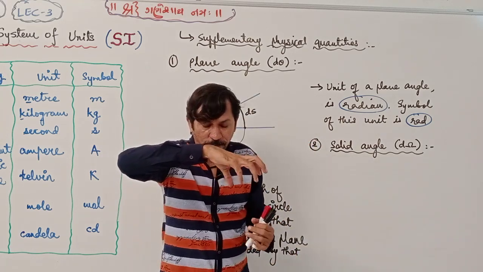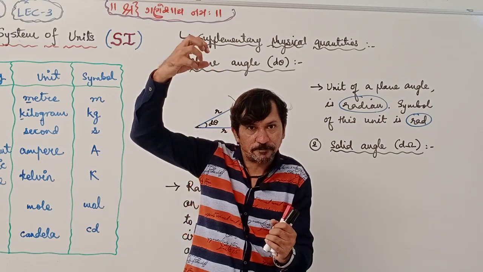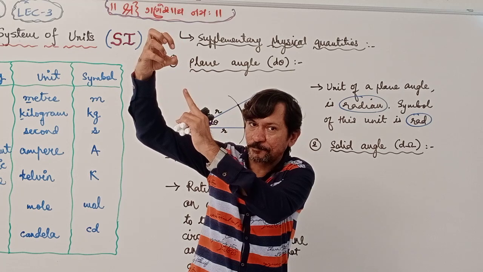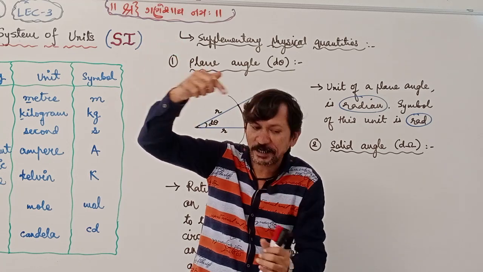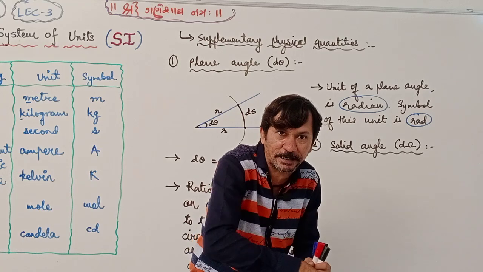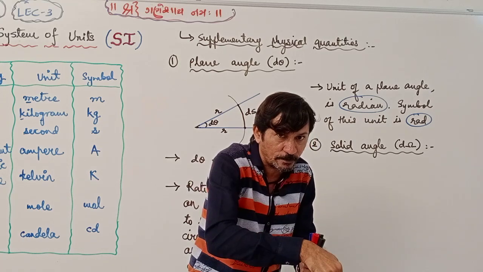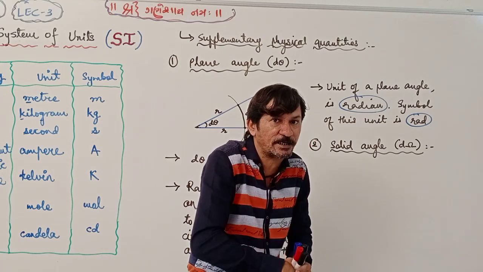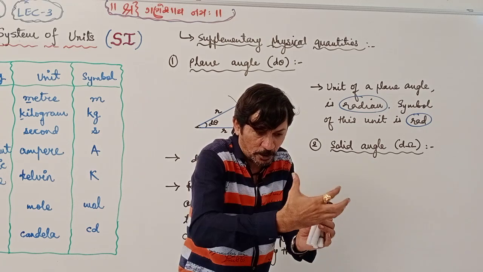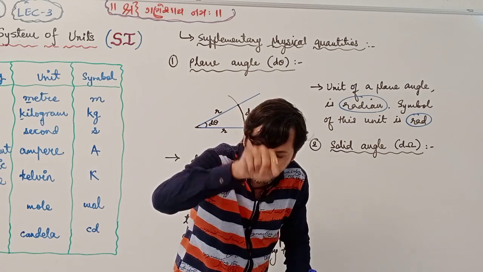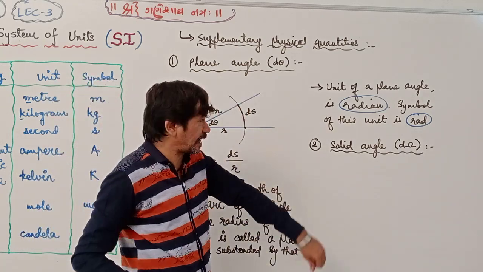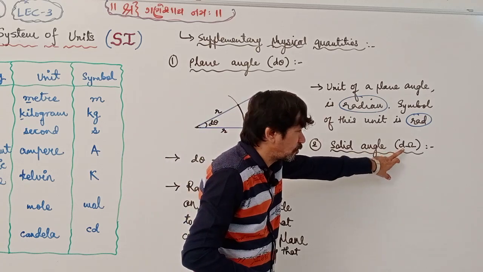When he takes out that piece, you see that piece because your intention is to taste the watermelon. You have never seen the gap that has been formed in the watermelon. If you see that one, you need not work to understand solid angle. In fact, that gap formed in the watermelon is known as solid angle, and it's denoted by d omega.